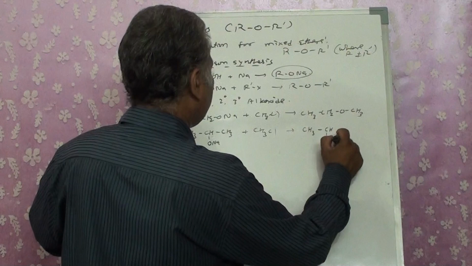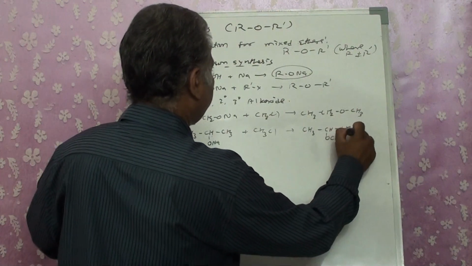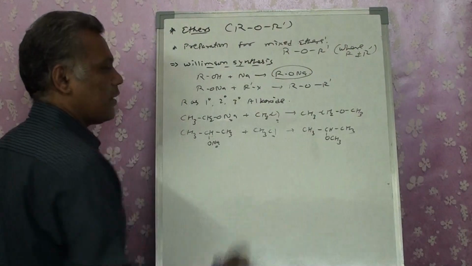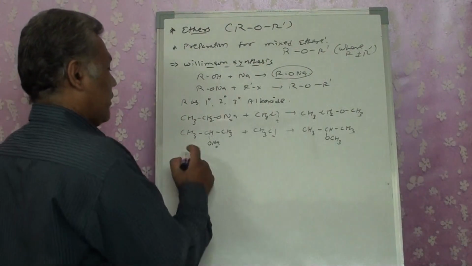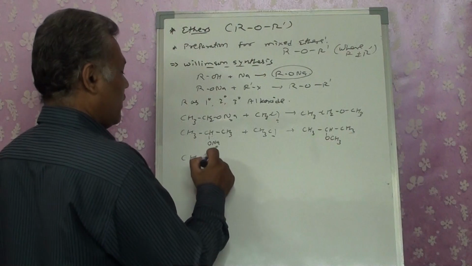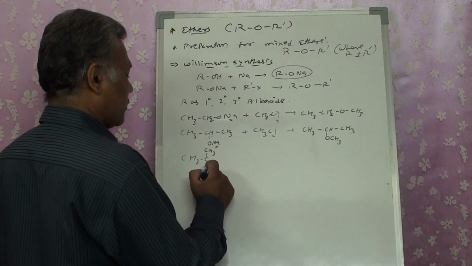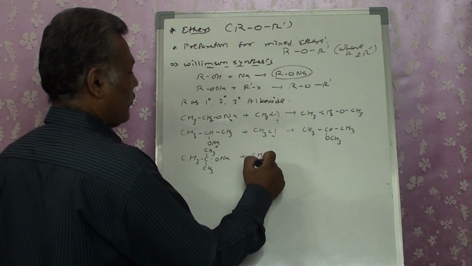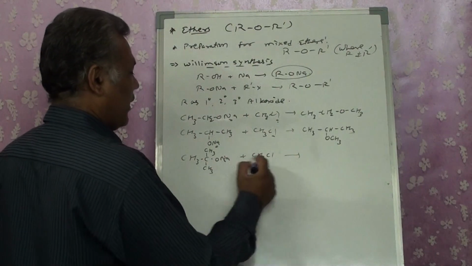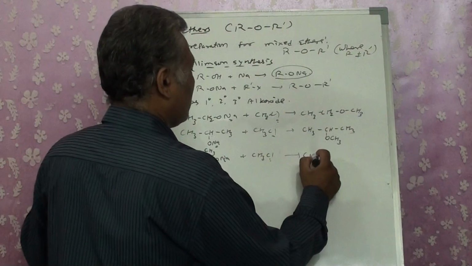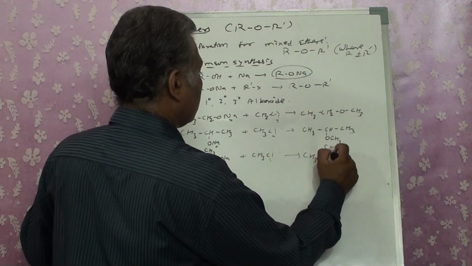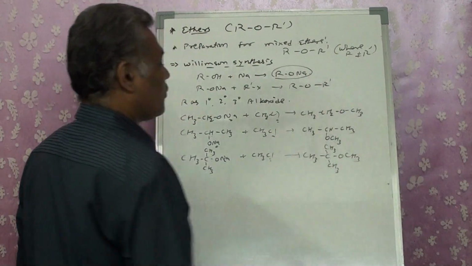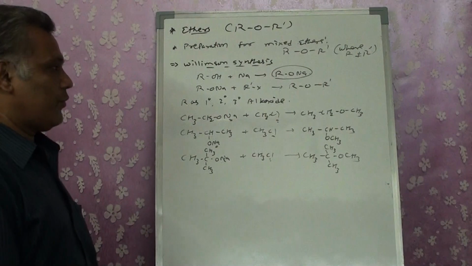The reaction will proceed in a similar manner. NaCl is removed, right? Now if we take a tertiary alkoxide and react with CH3Cl, NaCl is removed and the reaction proceeds very easily for the preparation of ether.